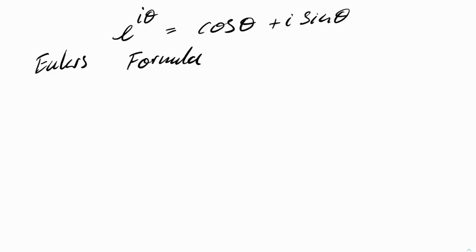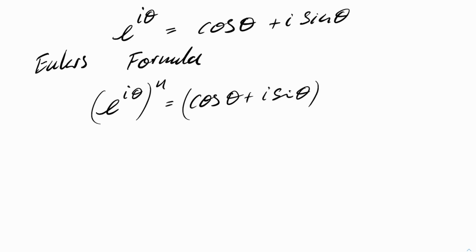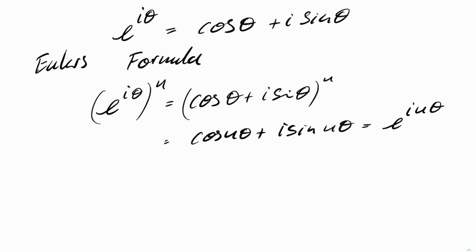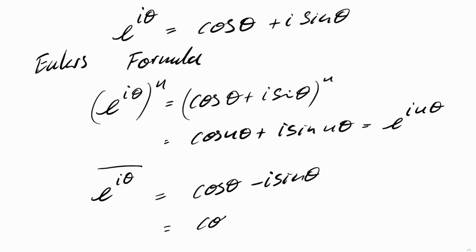And a few amazing identities follow from it. De Moivre's theorem is just a statement that if I raise e to the i theta to the power n, that's e to the i n theta. We also have things like the conjugate of e to the i theta is cos theta minus i sine theta, which is cos of minus theta plus i sine of minus theta, where I've used the fact that cos is an even function and sine is odd.